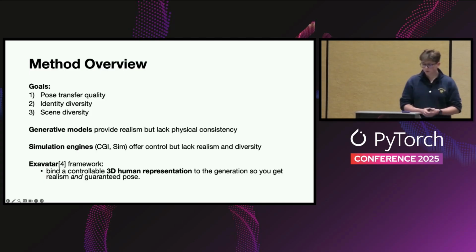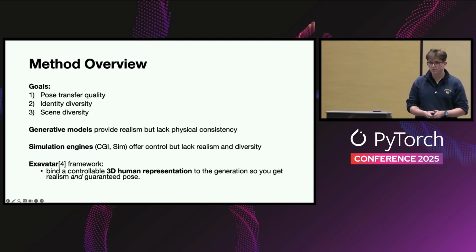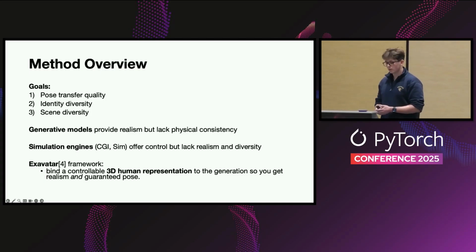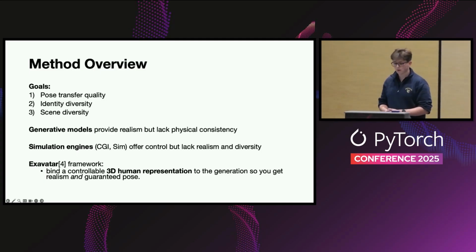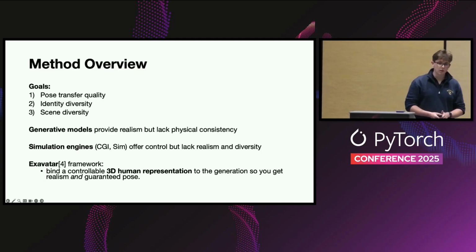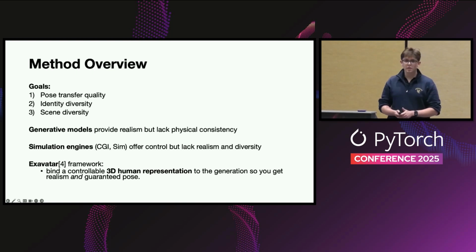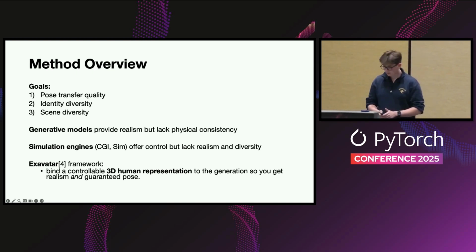So also we found that generative models provide realism, but lack control. Simulation engines offer control, but lack the realism. And XAvatar, which is a combination of both, has the best. It's not perfect, but it has the best results.